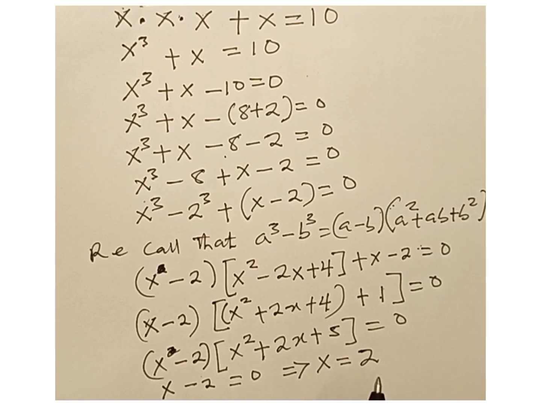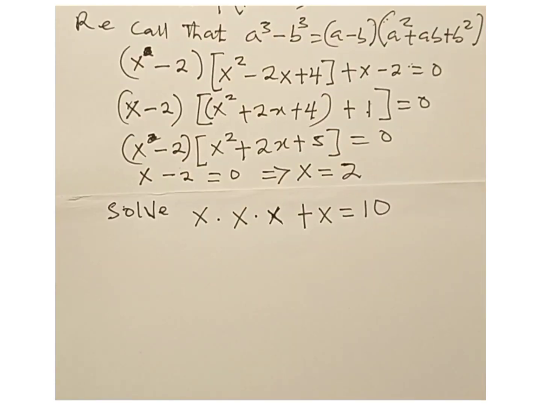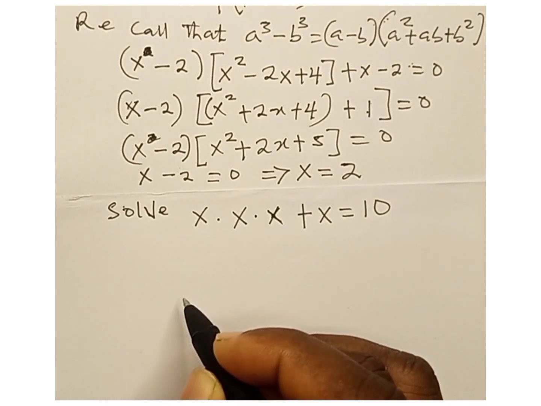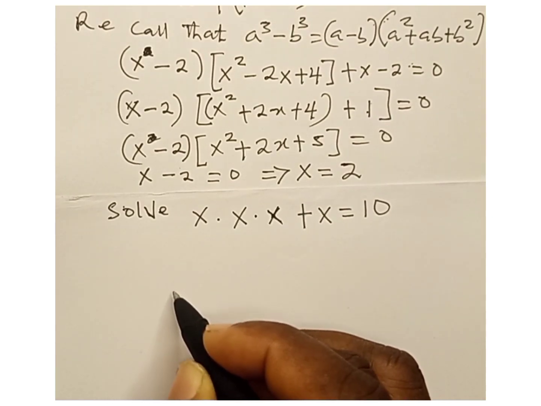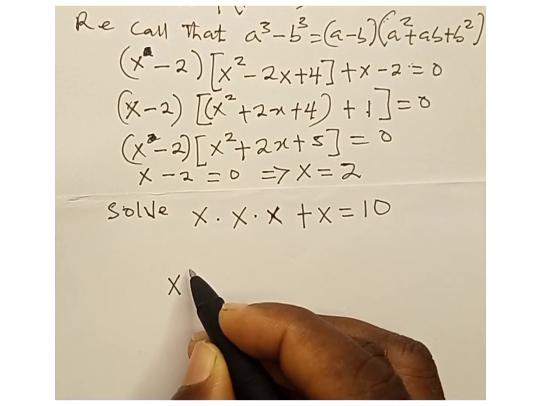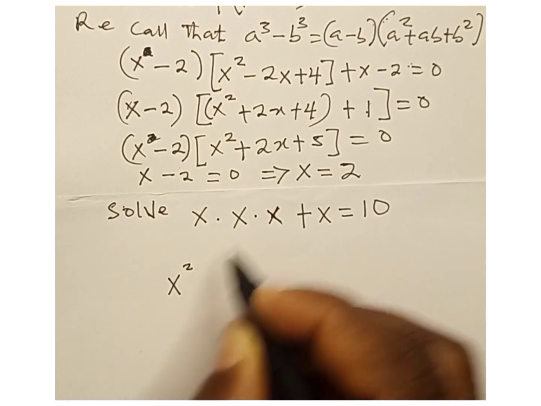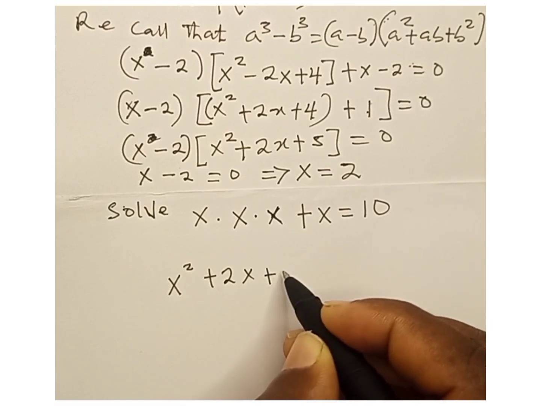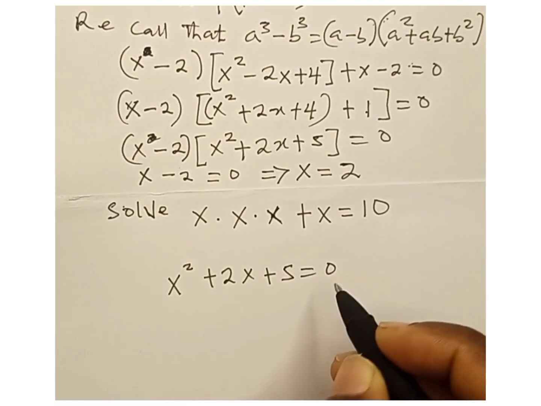The second equation will be the equation that has to do with x square plus 2x plus 5 equals to 0.